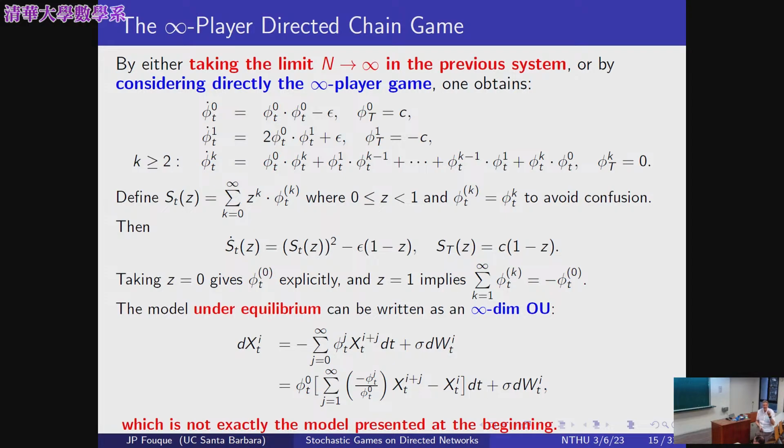So you see that this is where we see that the equilibrium is not the first model that we studied. Because the first model we studied, it was only attracted to the next one. And here you see that under equilibrium, in fact, everybody counts. Yeah, everybody in the chain counts. Right? So that's where it's different from the model that I presented. And that was a little bit of a surprise.